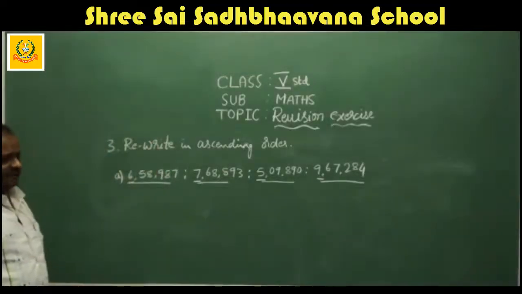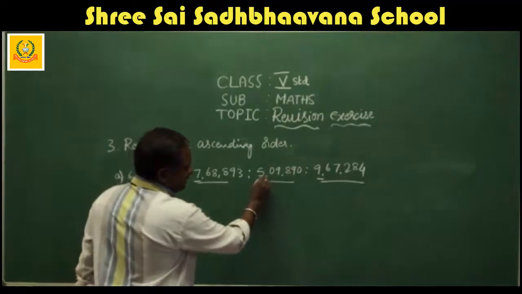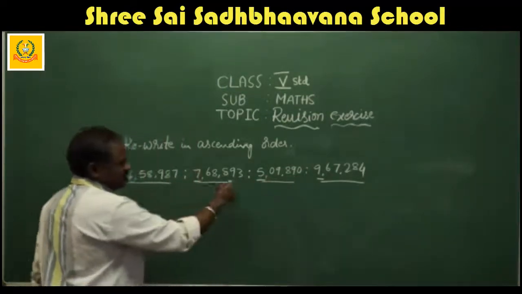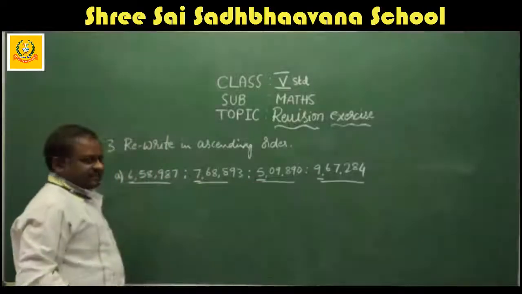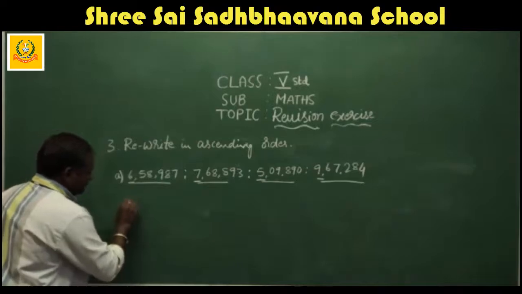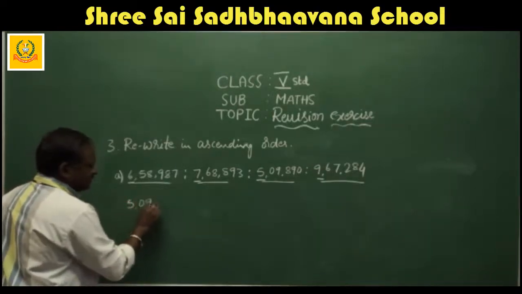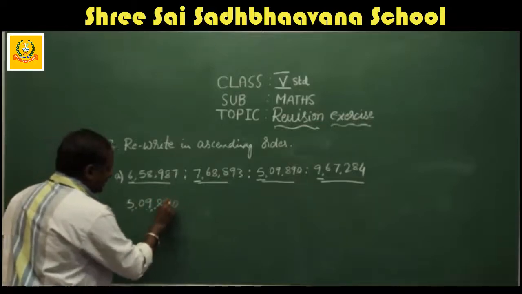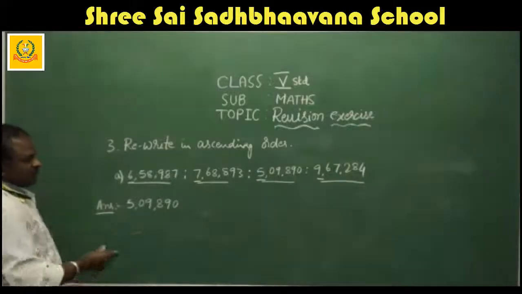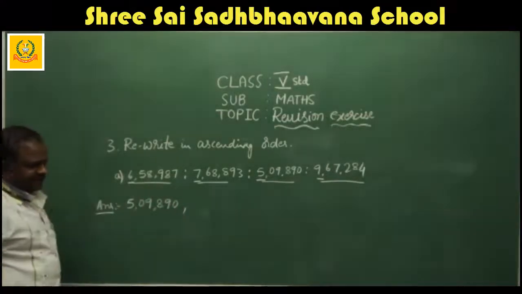So which is the first number? This is the first number, 5,09,890. This is the smallest among all these numbers. So you write that number. This is the answer I am writing. Ascending order: 5,09,890.